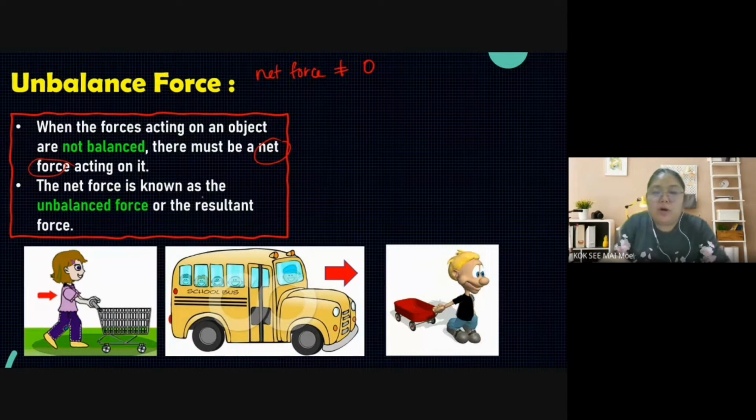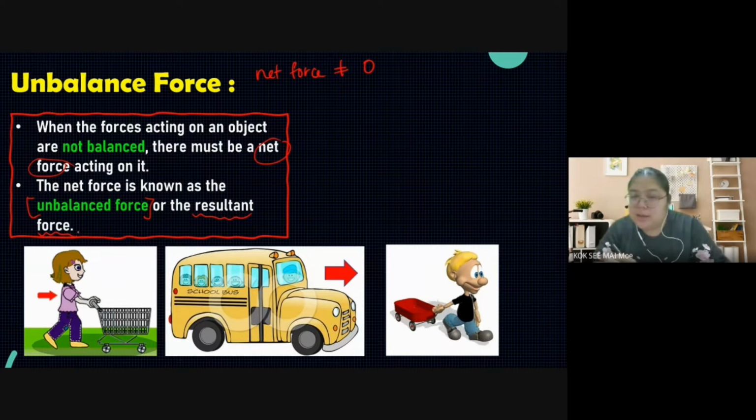Then the net force, we call it an unbalanced force, or you can say a resultant force. So after you minus, after you plus, finally you show the answer. This one answer, we call it an unbalanced force, or you can say a resultant force.